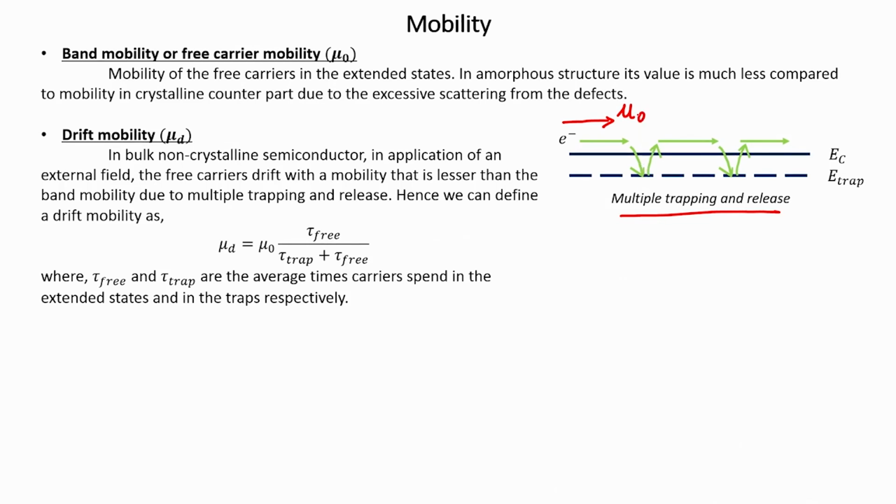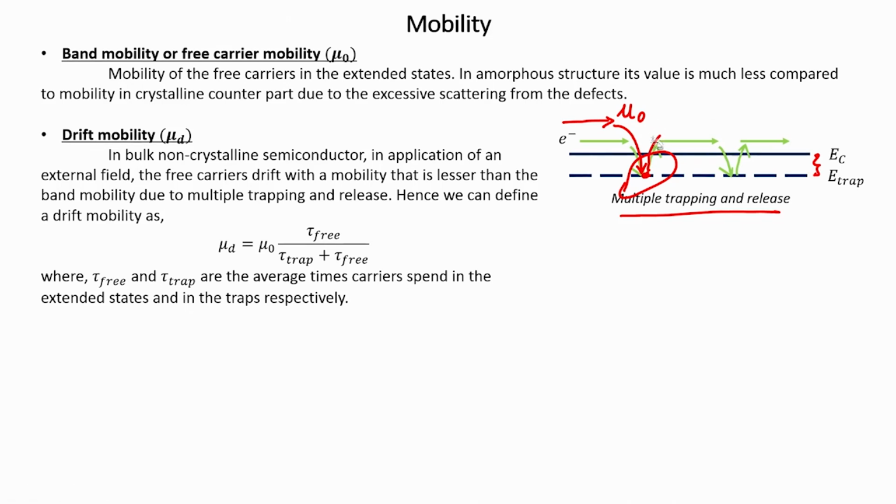Now, once in a while the electrons get trapped in these trap states, and they spend some time there. But if the electrons are trapped in trap states that are quite close to the extended state edge, which is close to EC, a small amount of energy can release them.